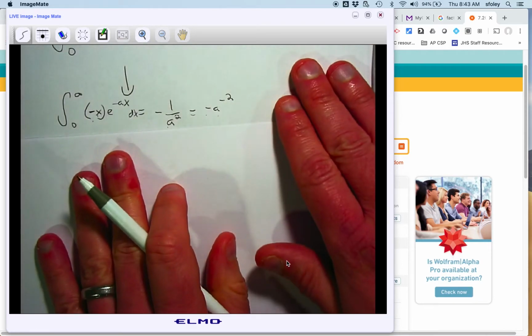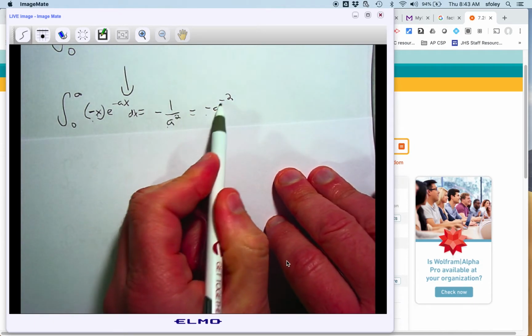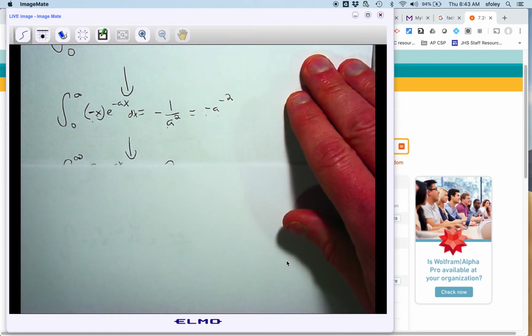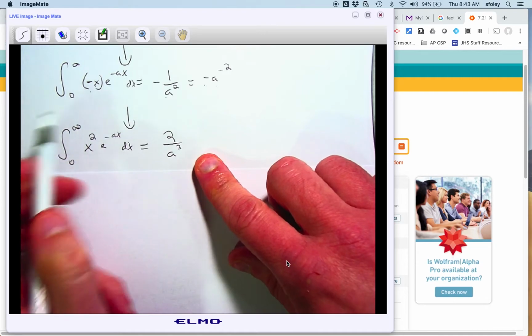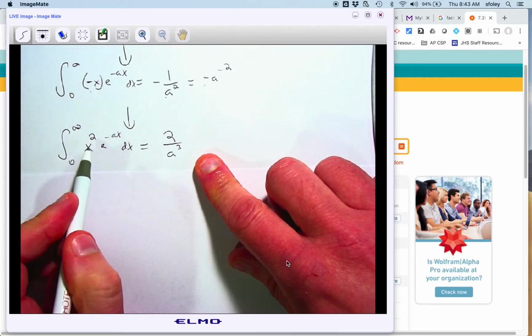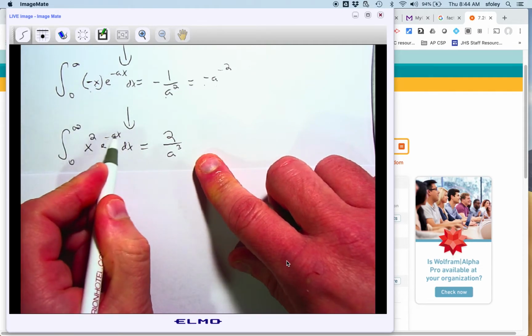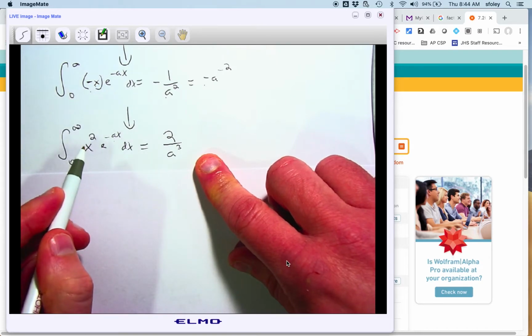But now we're just going to keep doing this. And so I'm going to take the derivative of this again with respect to a. The negative 2 comes down, and so I get 2 over a cubed, right? a to the negative third. Here, again, the exponential stays the same. And then the derivative of the exponent is negative x, but negative x times negative x is x squared.